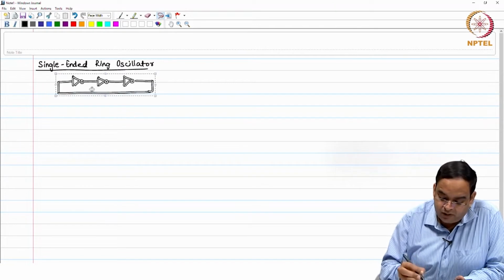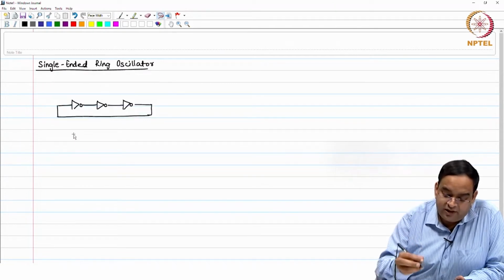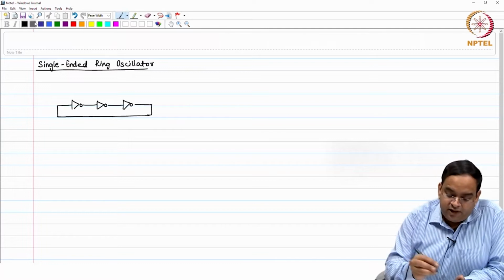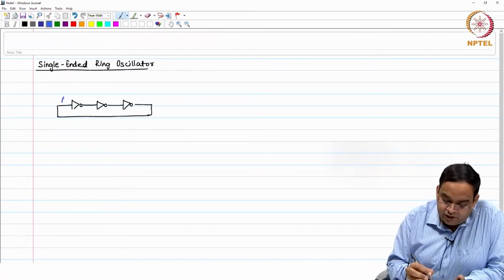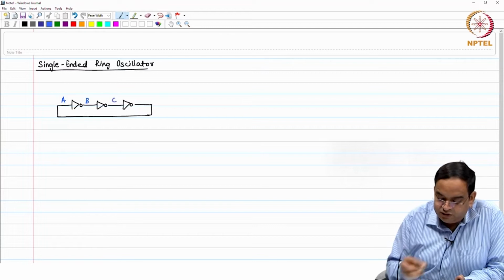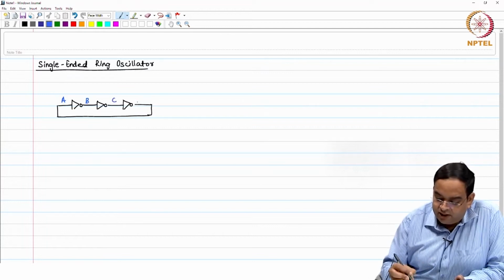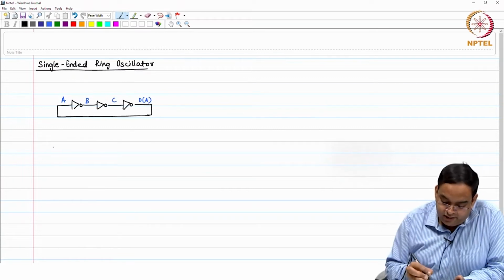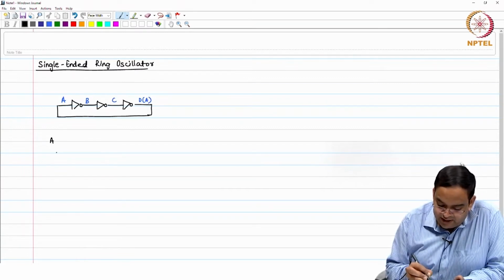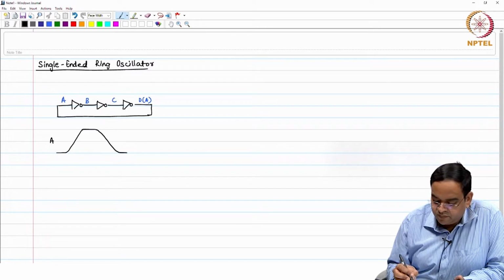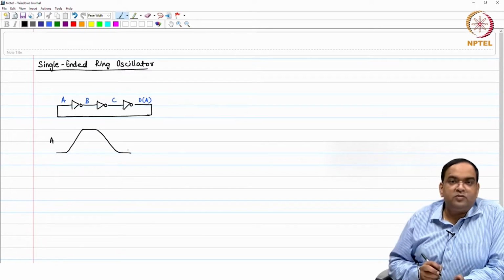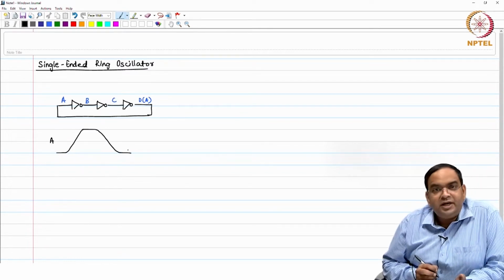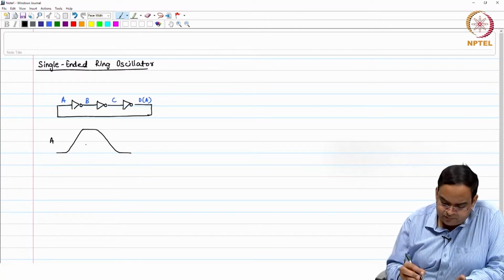Now, the same oscillator, when it oscillates, the waveform which you are going to see at the nodes A, B and C, and the other node is same as A, right. The waveforms which you will see at A and B will be something like this. They can be sinusoid also, close to sinusoid if the frequency is quite high.